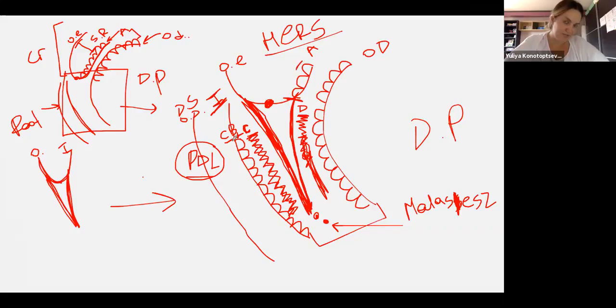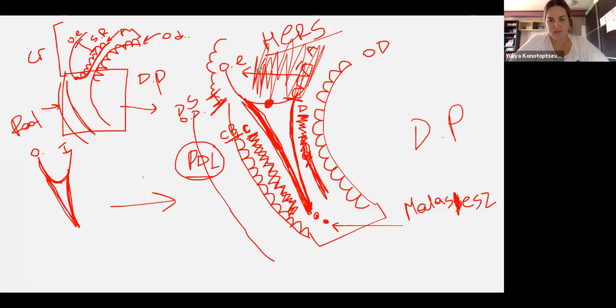That's the outer part of the root. So what's up? Don't forget ameloblasts are moving this way. Eventually, when the tooth is ready, ameloblasts will be aligned with the cementoblasts, at the same level. They start a bit far away from each other, but when the tooth is ready, ameloblasts will be here. All of this tissue will be enamel.